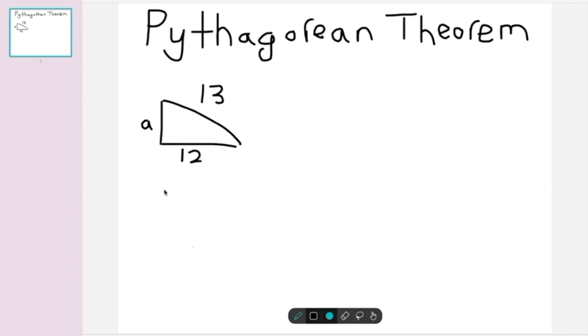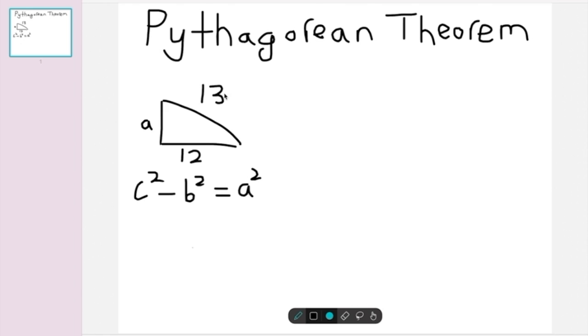So a squared must be c squared minus b squared, right? Because a squared plus b squared is c squared, and when we subtract b squared from either side, it will be c squared minus b squared equals to a squared.